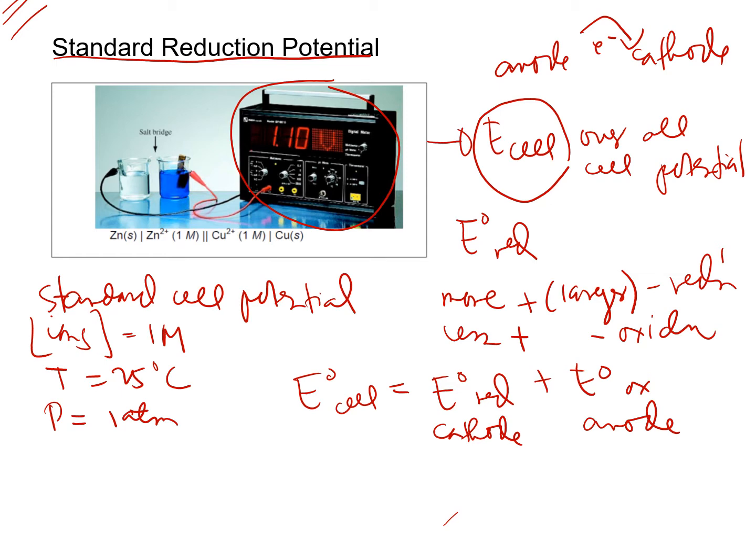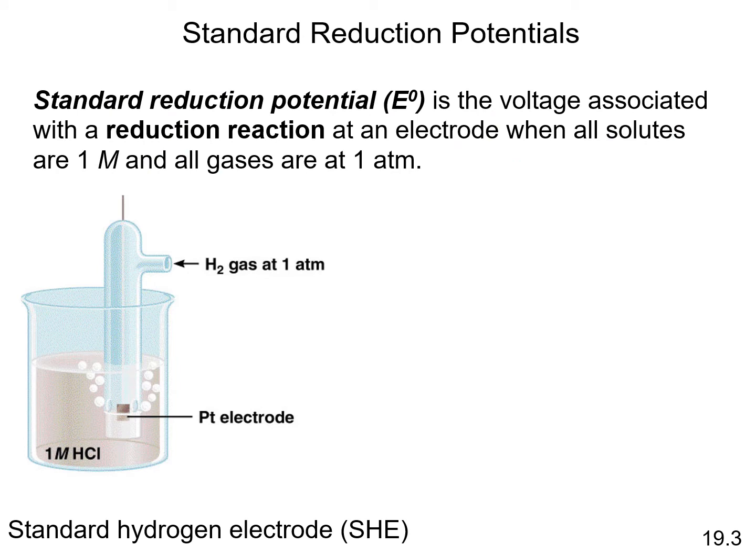Again, to measure the standard reduction potential of any half cell, we select a specific half cell as our reference, which we define as 0. This reference half cell, by definition, has a cell potential of 0. Then we compare it with the other half cell reactions. Our reference half cell is what we call the standard hydrogen electrode.